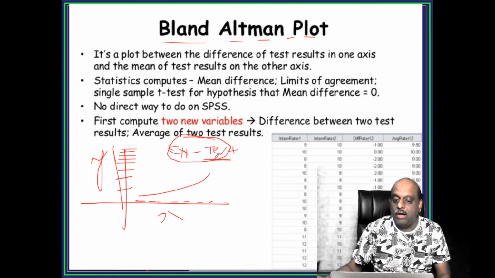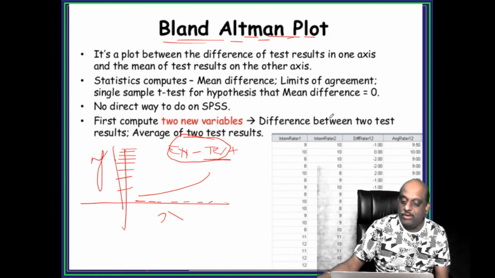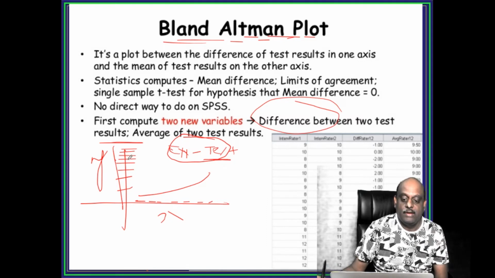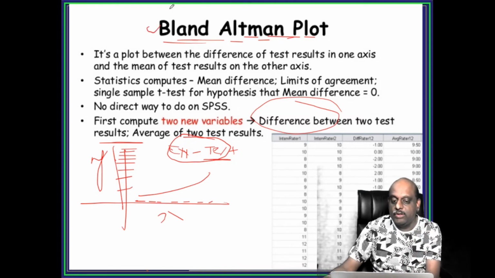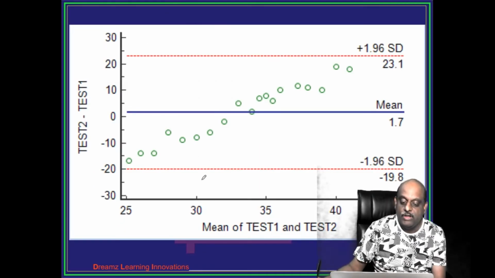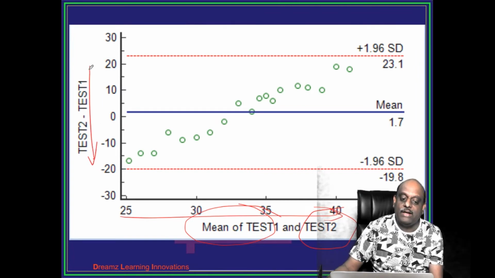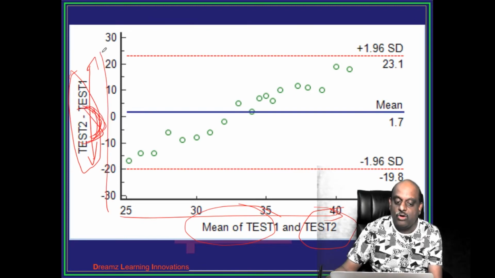And you created a plot that is called Bland Altman plot. So the mean of test 1 and test 2 you are putting on one side, and the difference between the value of test 1 and test 2 you are putting on the y-axis.